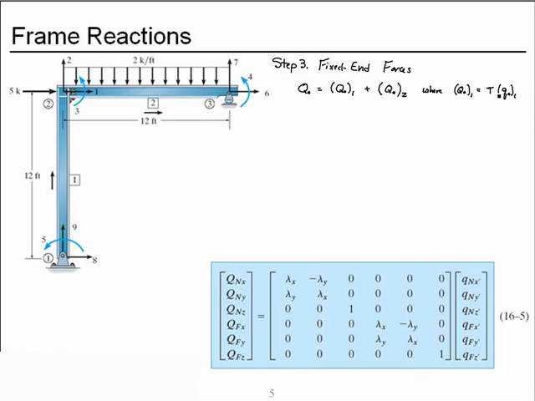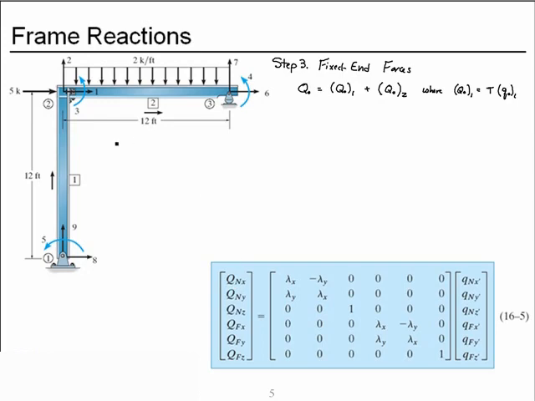And this expression is shown here in equation 16-5. This is the transformation matrix. Our fixed end forces in local coordinates, those are the fixed end forces that we get with the help of the inside back cover of our text. And then these are the fixed end forces for an individual member in global coordinates.